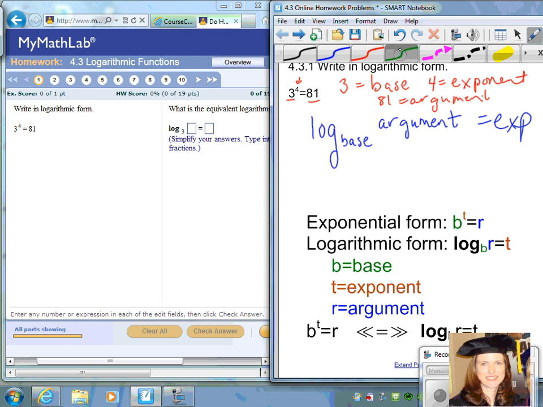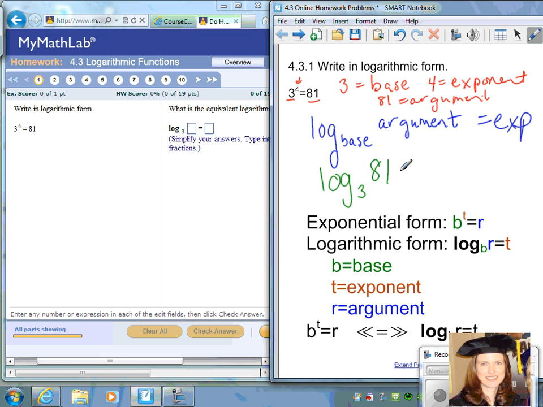We can now rewrite 3 to the fourth equals 81 as log base 3 of 81 is equal to the exponent 4. Think about 3 to what power gives you 81? The logarithm is simply asking for the exponent. 3 to what power gives you 81? That power is 4.